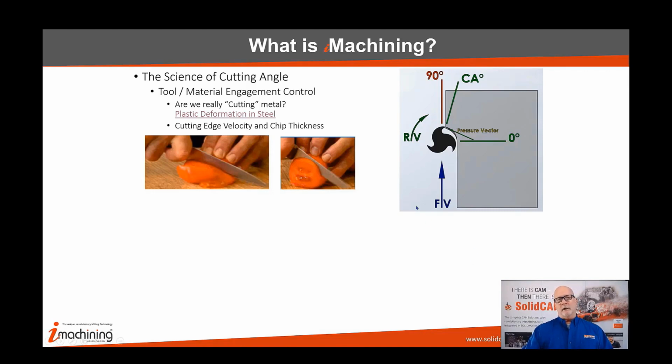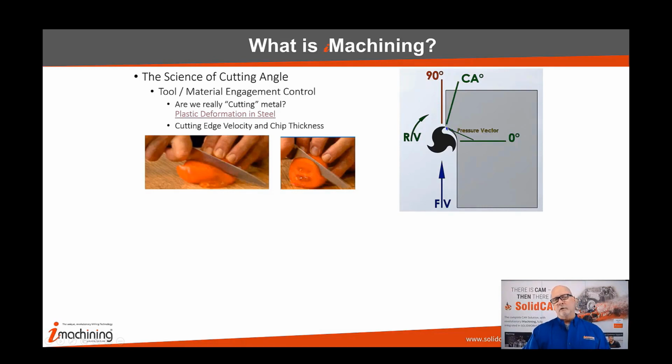But let's talk about that as it applies to a lot of different factors here in this graph. We have the rotational velocity of the tool, meaning the velocity of the flute as it is passing through the material. We have the forward velocity of the tool, meaning its advancement along the cut line. And of course we have the minimum to maximum cutting angle, which is describing the engagement of the tool in the material.